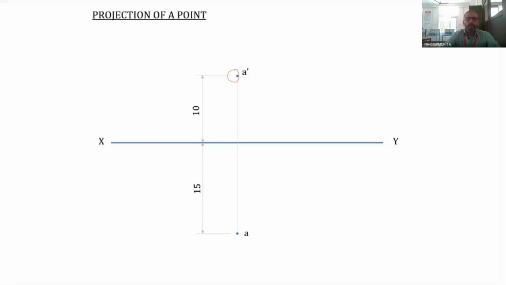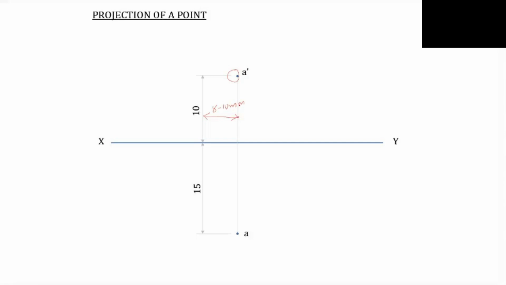The distance between these two should be 8 to 10 millimeter. So you have to draw only 5 lines to draw the projection of a point. This distance should be 8 to 10 millimeter, and here there should be a gap of 1 or 2 millimeter.